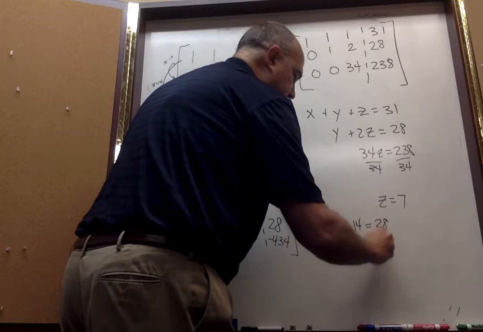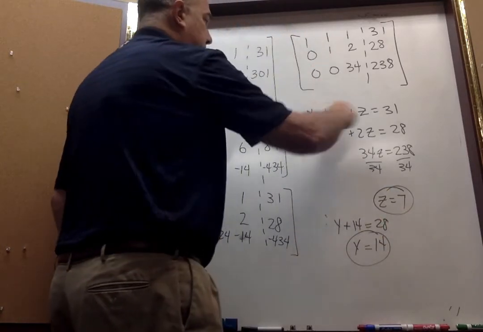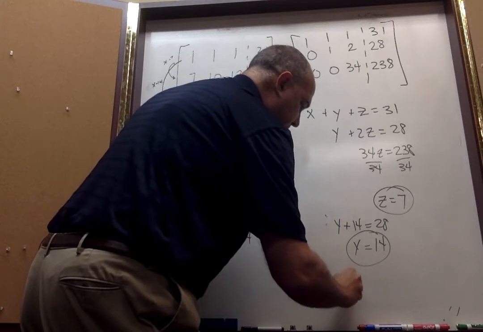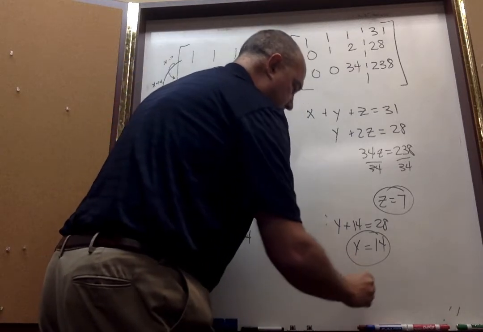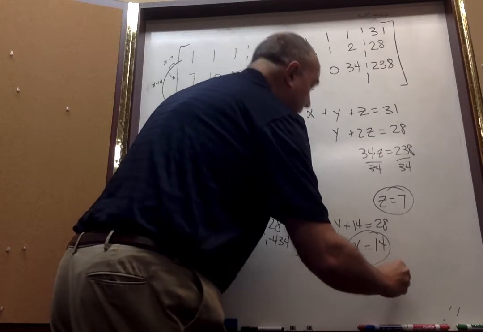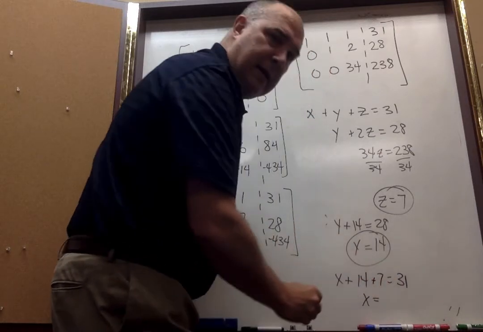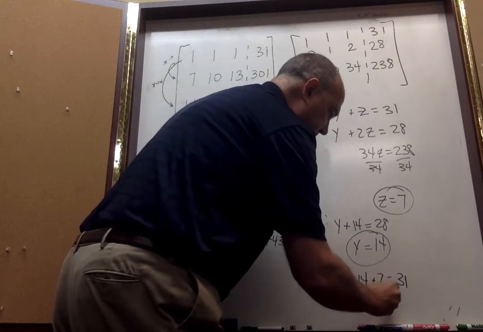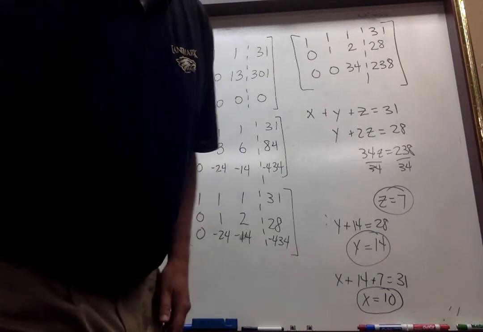So y equals 14. And finally, I'm going to plug those two back into the first one. So x plus 14 plus 7 equals 31. And I think we get x equals 10. So that's how we solve this one.